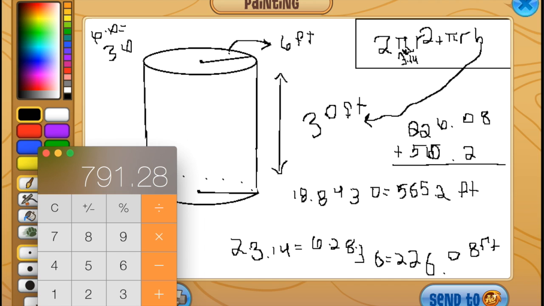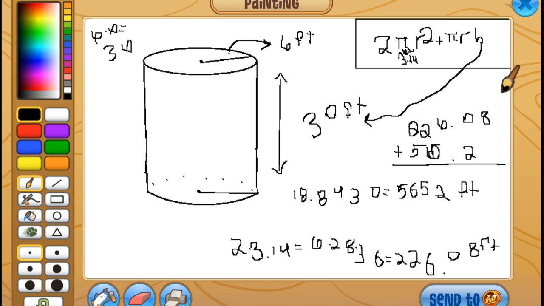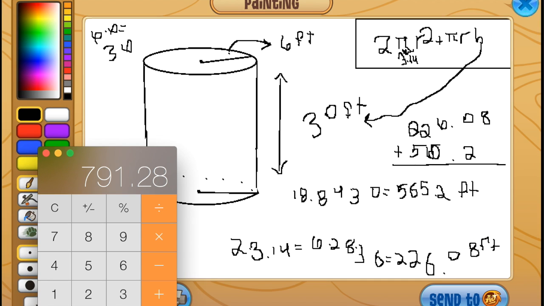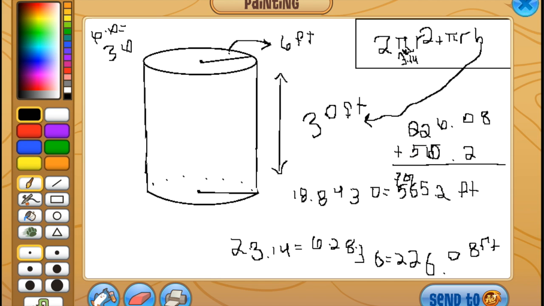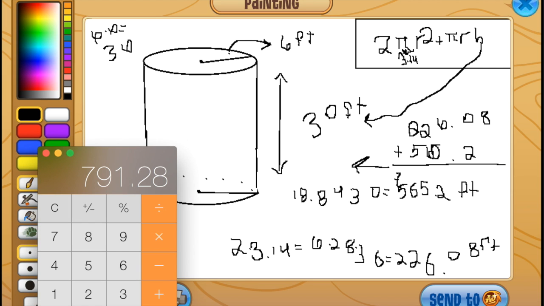And our final answer is 791.28 feet. And since it is a 3D object, it's going to be squared. Okay, let's write this somewhere else. I said that it would be squared, but it's actually going to be cubed since it's 3D.